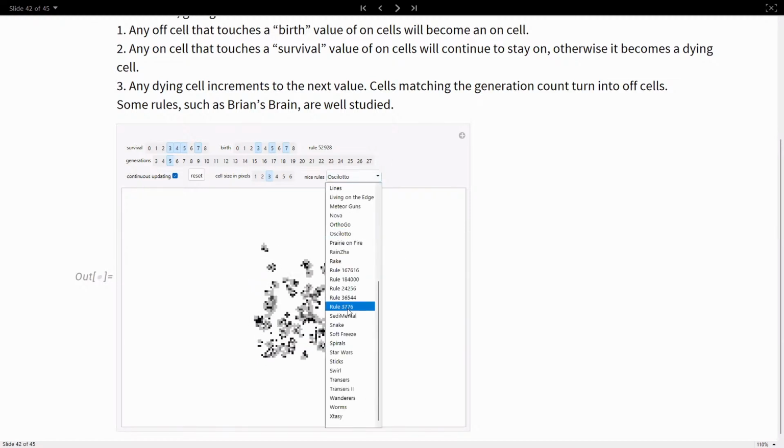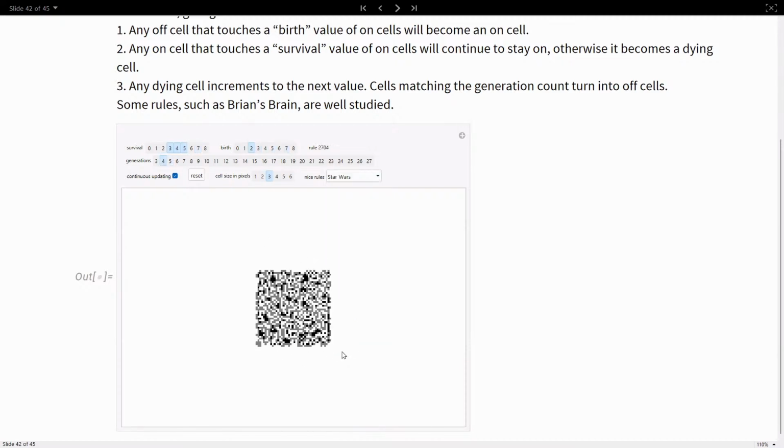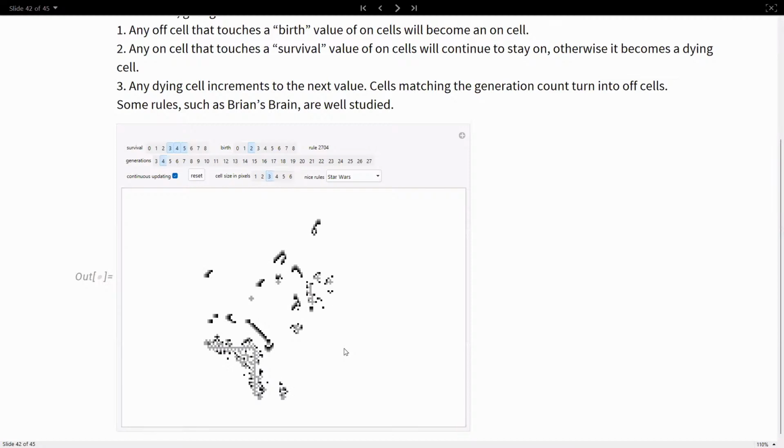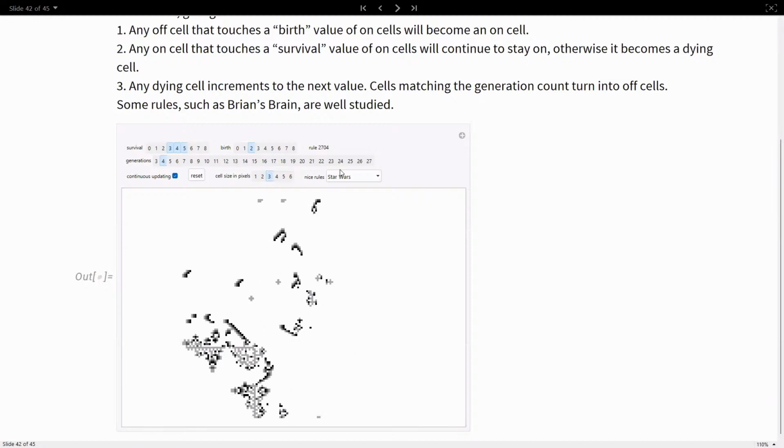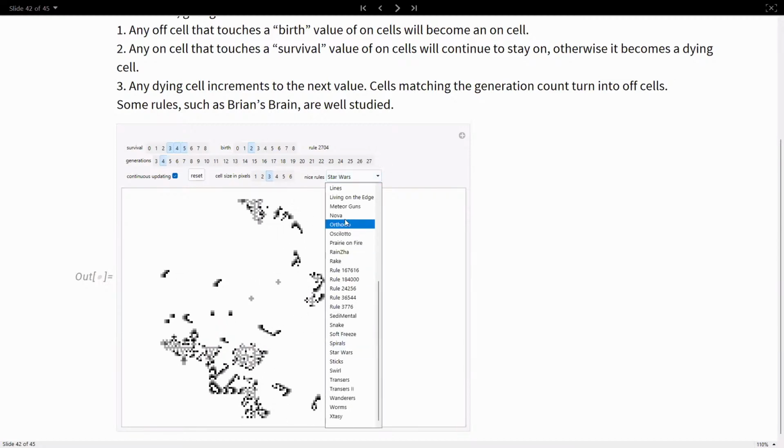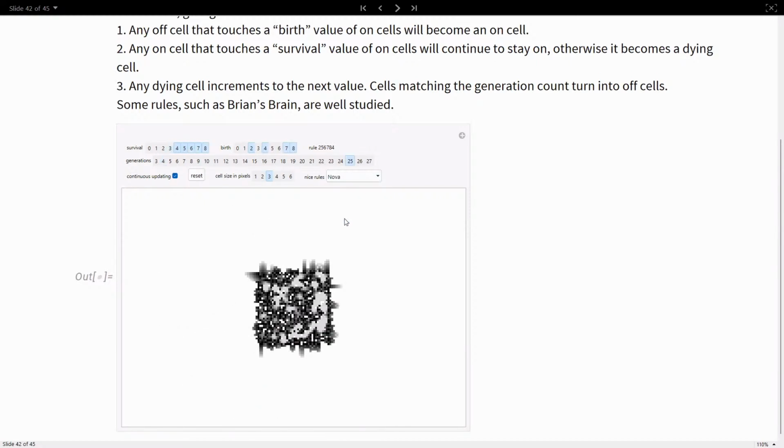And there's a number of different named automata based on these generation rules. And this is another Wolfram demonstration.